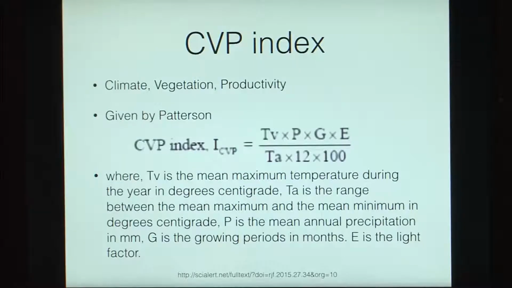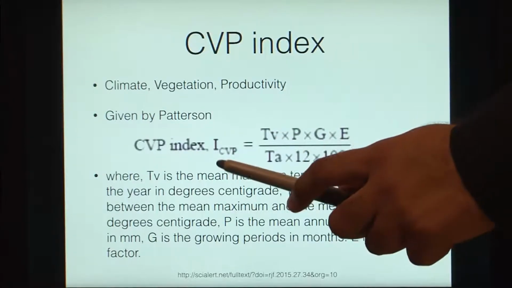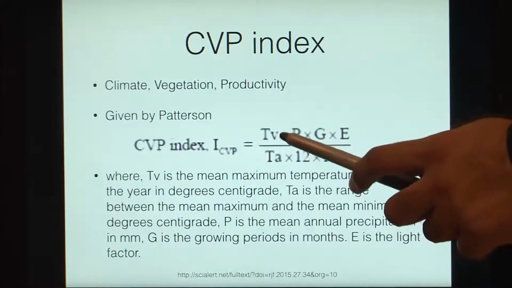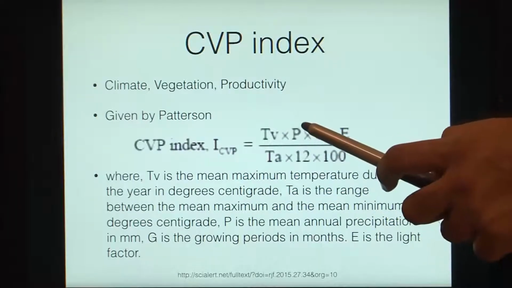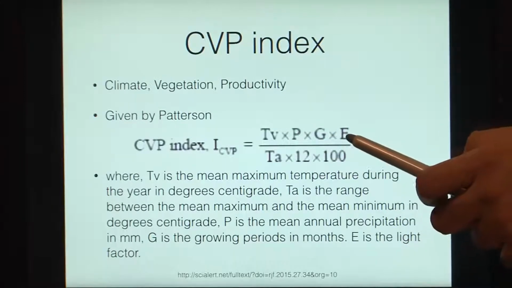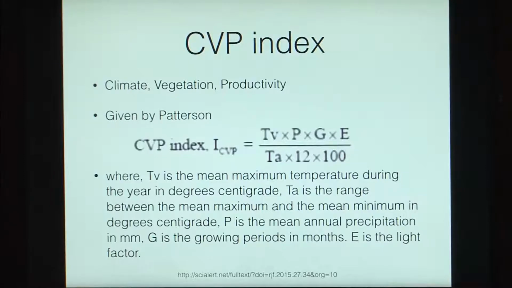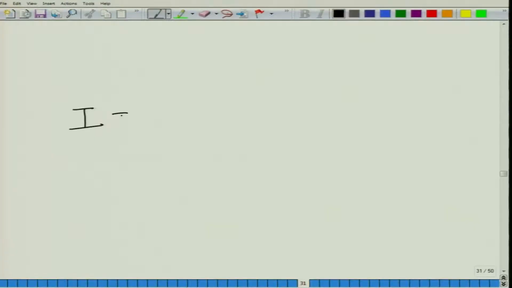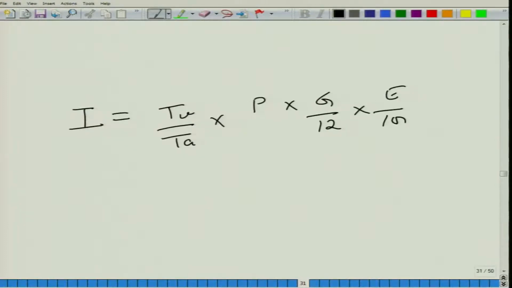The CVP index was given by Patterson, and CVP stands for climate, vegetation and productivity. If you look at this equation for the CVP index, the index I is given by TV upon TA multiplied by P multiplied by G by 12 multiplied by E by 100.